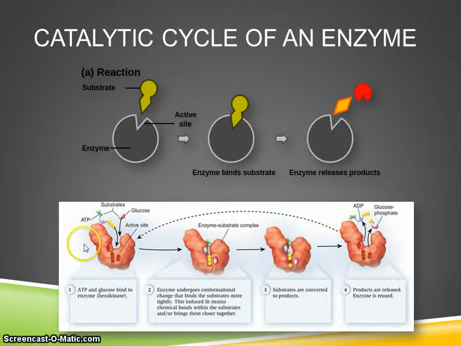So as we go through the steps, we can see that the substrates in this case are ATP and glucose, and they bind to the active site. And once the enzyme undergoes the conformational changes stated by the induced fit theory that we learned before, the enzyme will bind even closer to the substrate, and then the substrates are converted to their products, and then they are ultimately released from the enzyme.